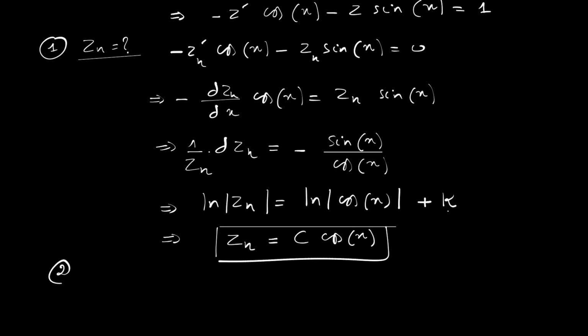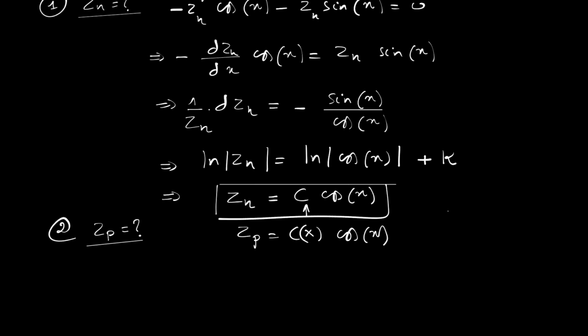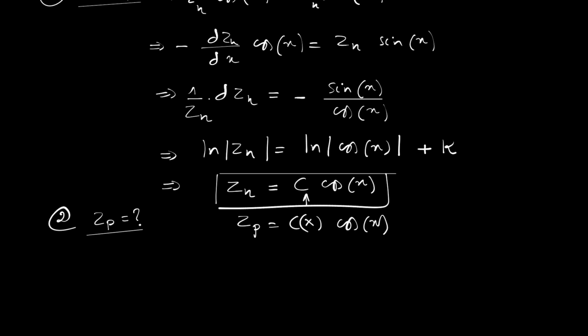Now we have to find the particular solution by the variation of the constant c. We have to write it like this. To put this into our equation, we first need to calculate the derivative.